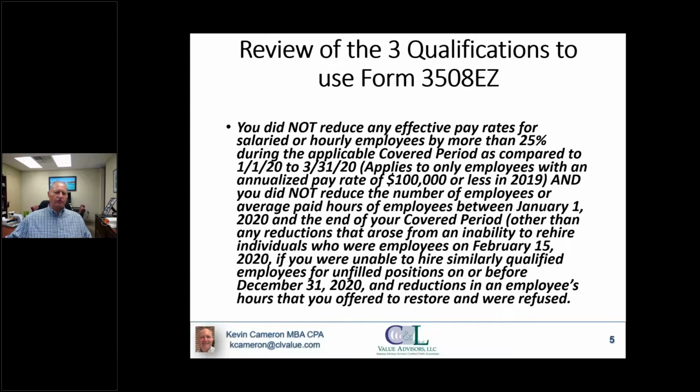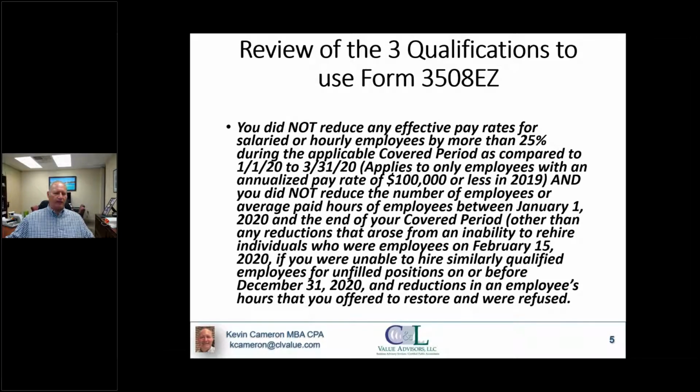We also know that there's 2 other classes of borrowers that can use the 3508EZ. The other 2 classes are borrowers that never reduced an effective pay rate of their employees by greater than 25%. So if you were reducing your employees' effective pay rate by more than 25%, you automatically don't qualify for the 3508EZ, because that's a requirement for both of these 2 other qualifications.